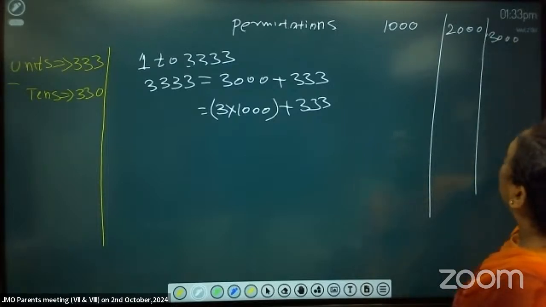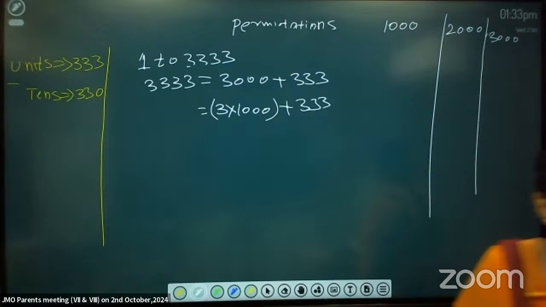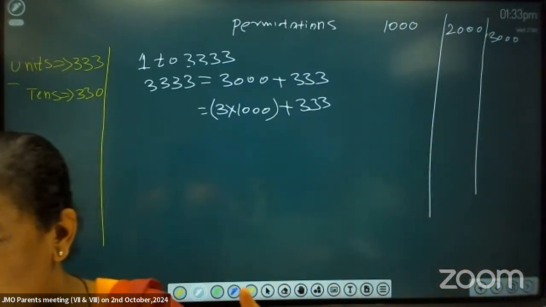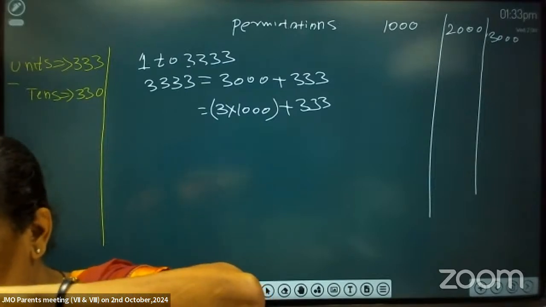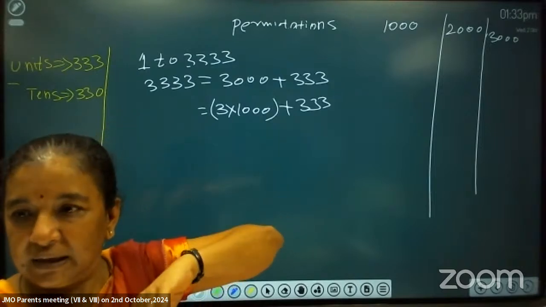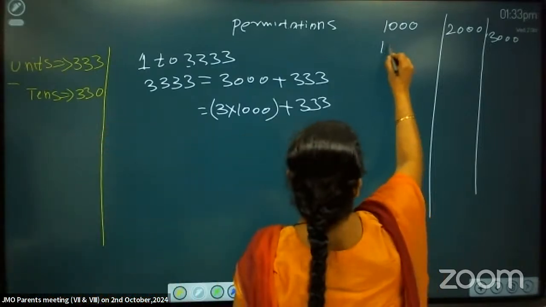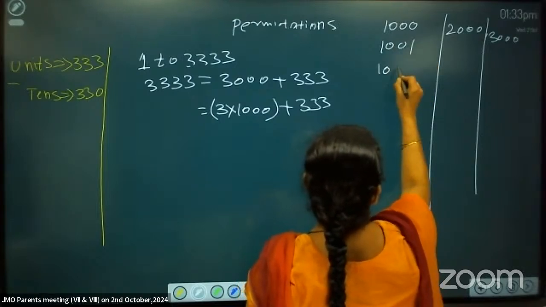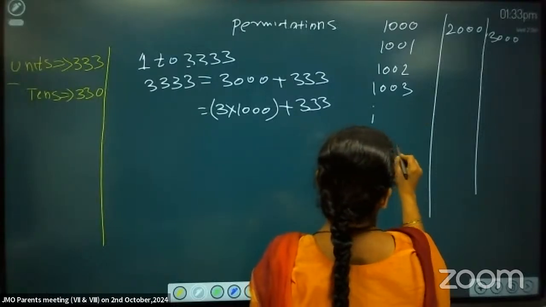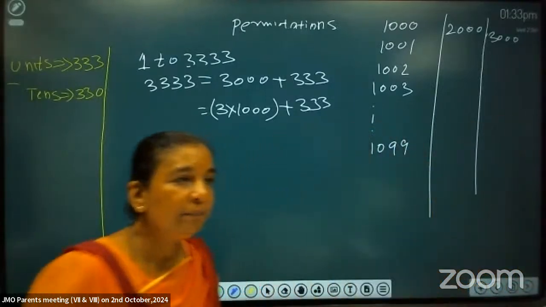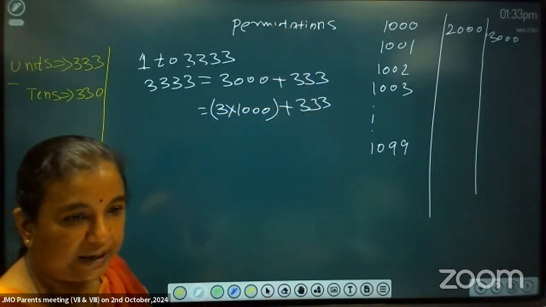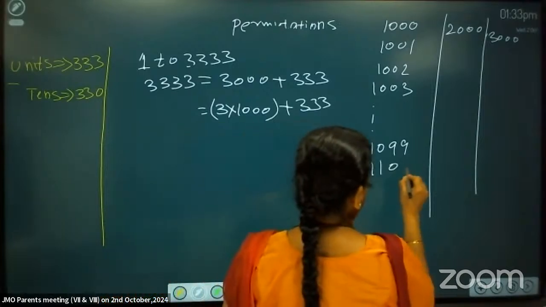All right. Now, when I arrive at the number 1000 and I start writing the numbers further, what will I get? 1001, 1002, 1003, then 1099. Correct? And so on. So from 1000 to 1099, after that I will get 1100.